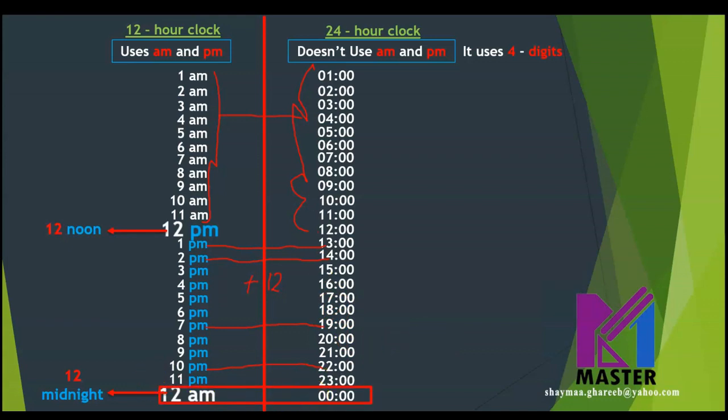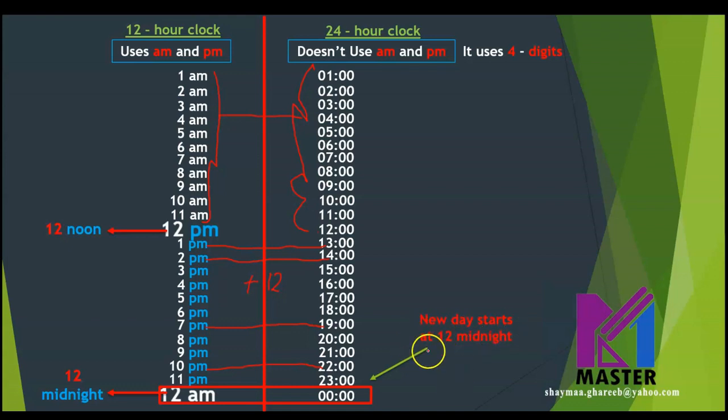Now, look at this here, the 12 midnight or the 12 a.m., which is 0000. It's really important to know that after 23 o'clock, I don't write 24. There is no 24. When we reach the 24, or the midnight in the 24-hour clock, I write it as 0000 because it is the beginning of the new day.